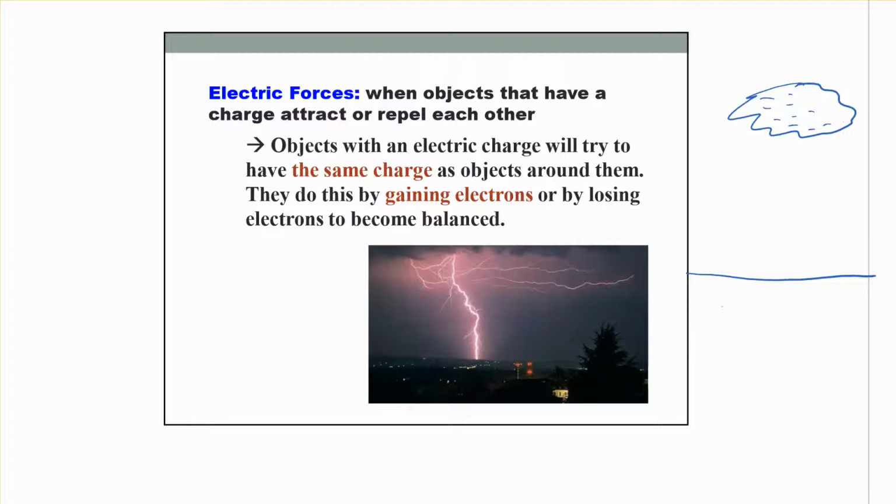And then down here you have the ground, right? The ground is actually neutral, so we have the same number of positive and negative things. But all these extra electrons that are hanging out on this cloud up here, they want to balance the charges. They want everything to even out. So they get too many electrons, and then they jump down to the ground, and that's what you see as lightning.